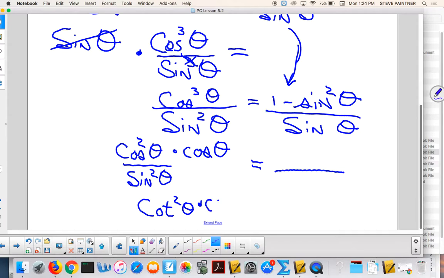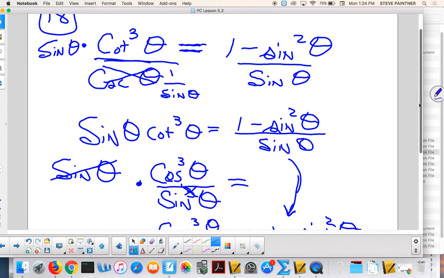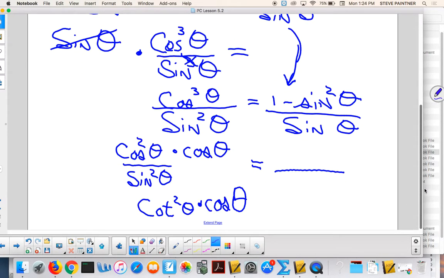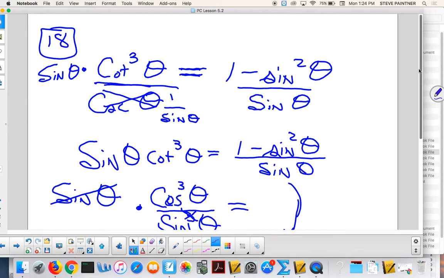Is that what we had in the beginning? No. What do we have in the beginning? Cotangent cubed over cosecant. I'm pretty sure it's supposed to equal cosine times cotangent squared.